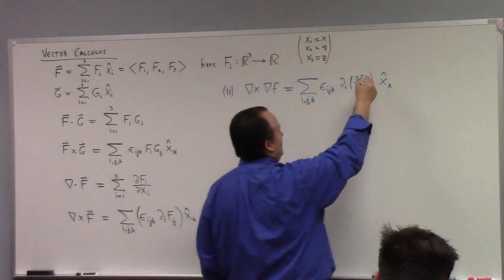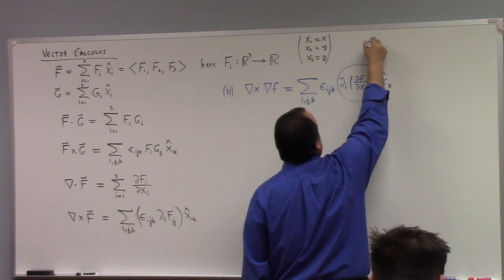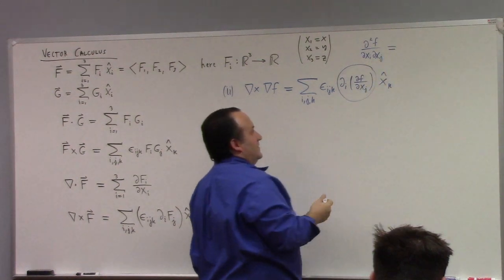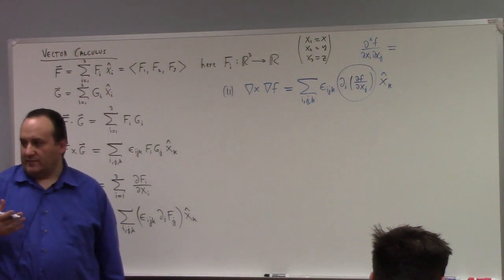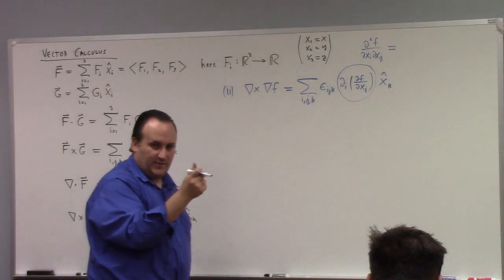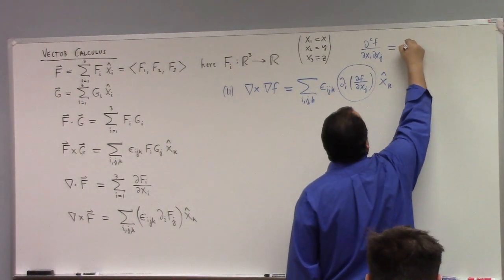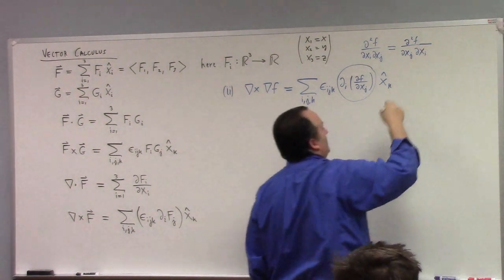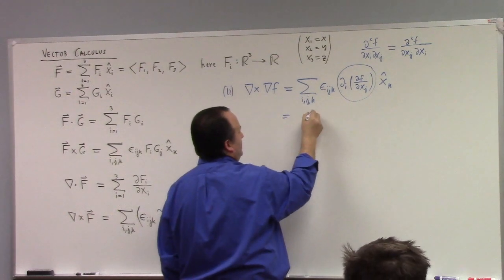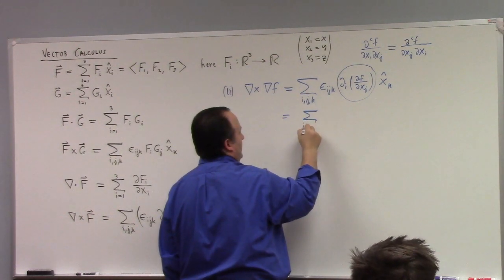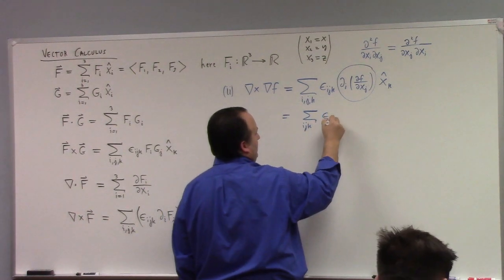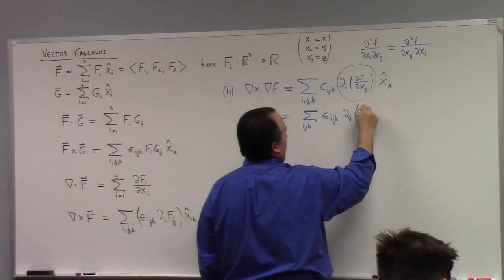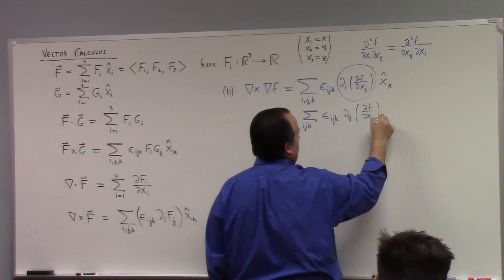Or if you like, we could write this middle term as partial squared f, partial x i, partial x j. But the key is, we know that the derivatives commute, right? So we could swap that out for partial squared f, partial x j, partial x i. And so this, of course, is equal to the sum over i, j, k of epsilon i j k of partial j, partial f, partial x i, x hat k.